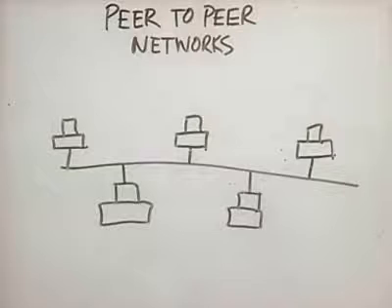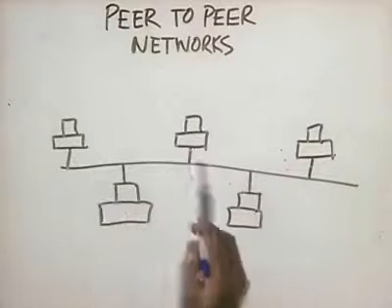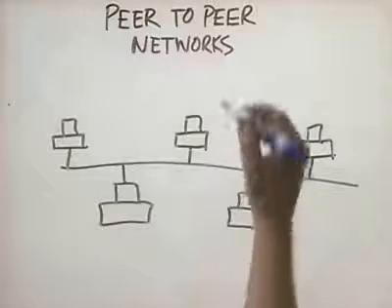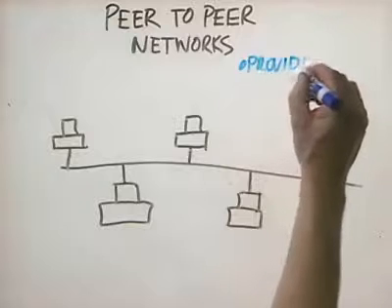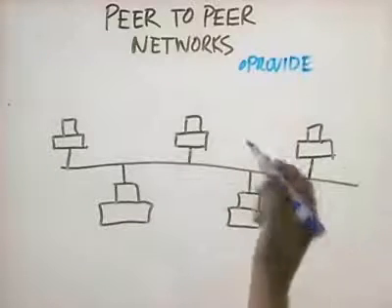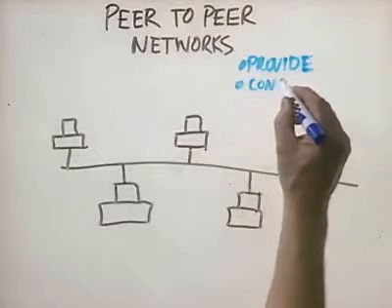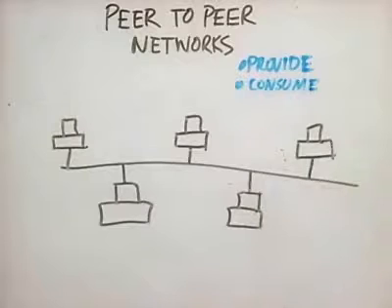In a peer-to-peer network, network hosts don't have a specific role that they play. In other words, hosts on a peer-to-peer network both provide network services, and also consume network services.